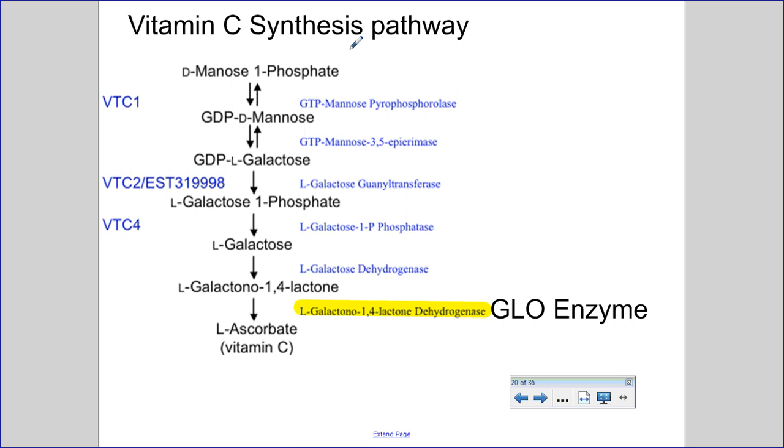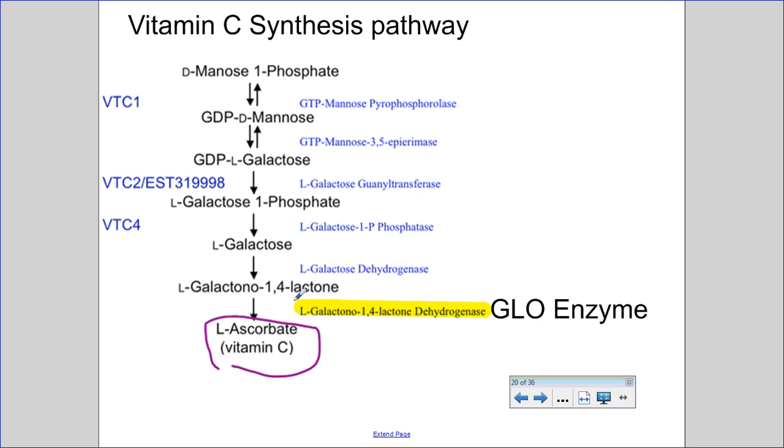So that vitamin C synthesis pathway is carried out by a number of different enzymes. So remember, any metabolic reaction is going to be a series of small steps in which one product is going to eventually be converted into another useful product. So vitamin C is created in many organisms through a series of small reactions.